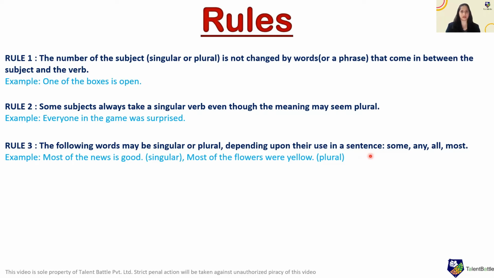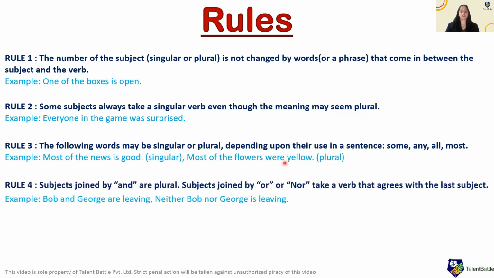Hence, it is singular and we are using: most of the news is good. Most of the flowers were yellow. So there are 15-20 flowers in front of you. Among them, most of them were yellow. We are not exactly counting them, but we are trying to tell that among them, the majority was yellow. So here most is used in plural form. Hence the verb used is were.